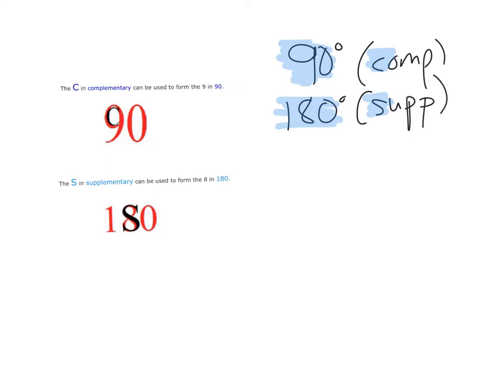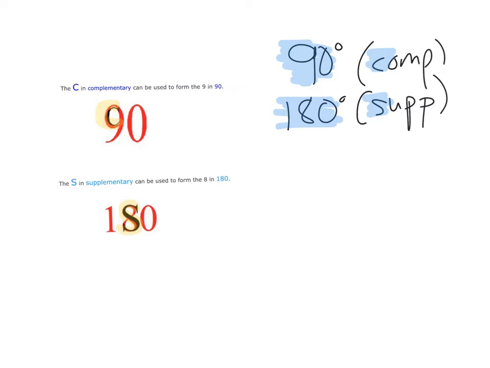But the reason why I was surprised that I included this screen is that this is a new thing that I've found. Like every year I find new stuff. It's kind of cool. So you'll notice that in the 9, they've written a C, and then in the 8, they've written an S. So I don't know if that is going to help you.